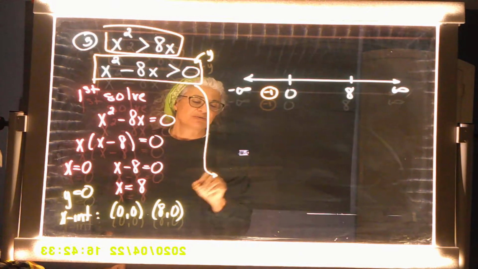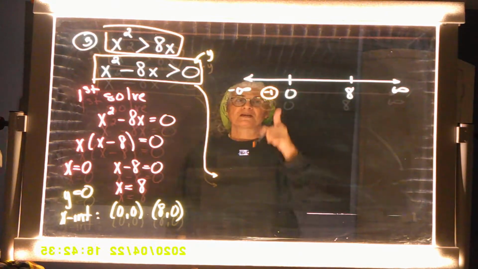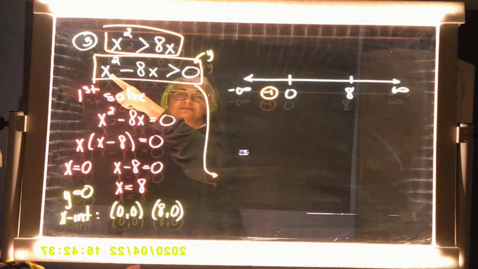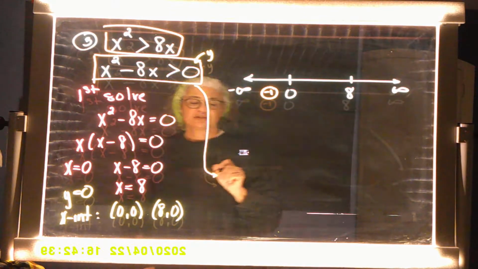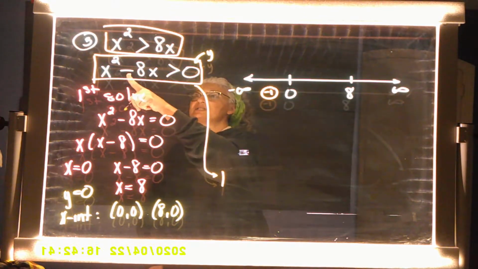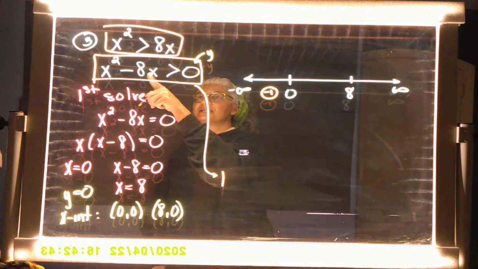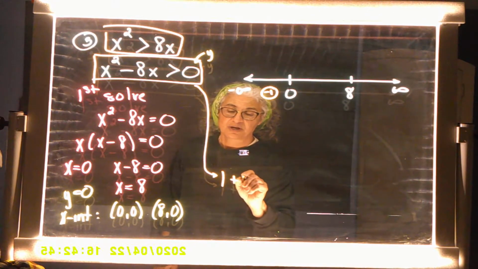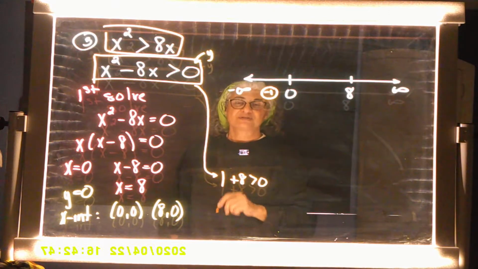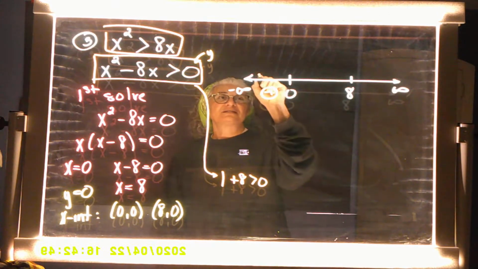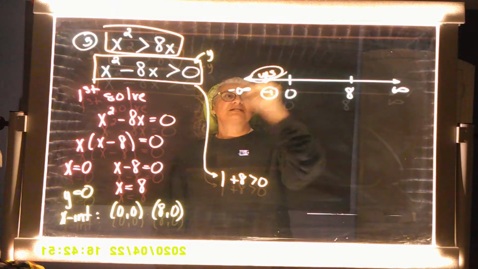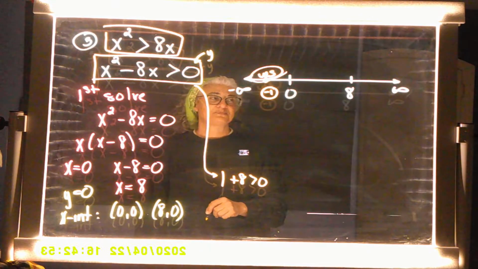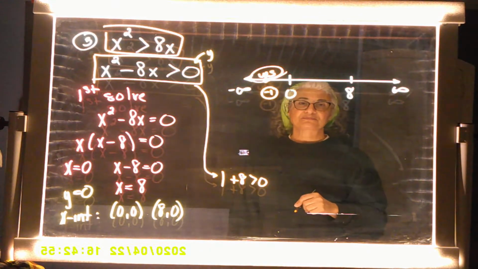So I'm just going to do my work down here. So I'm going to take -1. -1 squared is, good, 1. What's -8 times a -1? Good, +8. Is this greater than 0? Yes, it is. So this interval is working for me. The next interval.